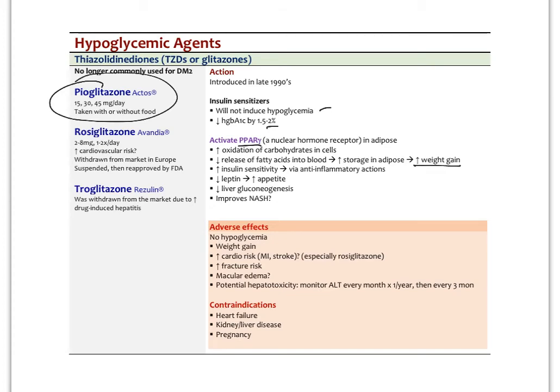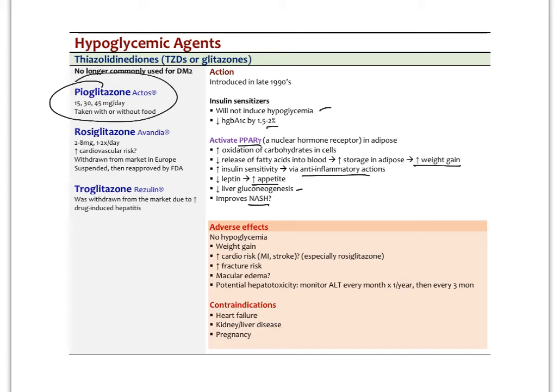They tend to improve insulin sensitivity by having anti-inflammatory effects. They also decrease leptin, which unfortunately will increase appetite, but they will also decrease liver gluconeogenesis like metformin, and maybe improve non-alcoholic steatohepatitis, NASH. So Actos is sometimes recommended in NASH patients.